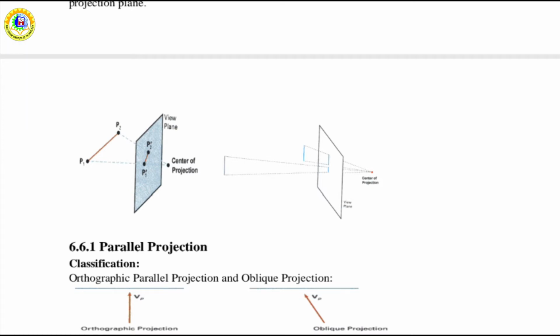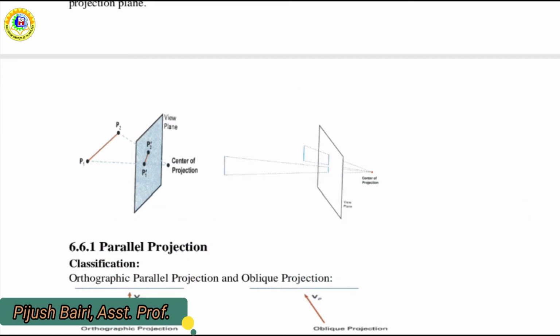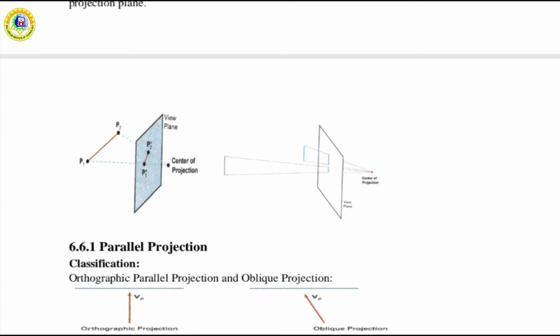That is, in this figure the line P1 P1 dash and the connecting line P2 P2 dash are not parallel to each other. They intersect at a point, and the intersection point of these two lines is the center of projection, right? And in case of perspective projection, the size of the object in the view plane, or the projected plane, is smaller than the actual object.